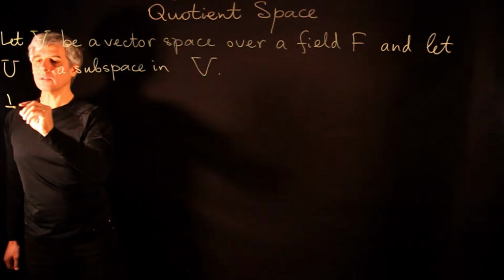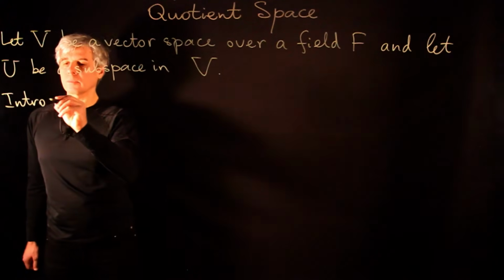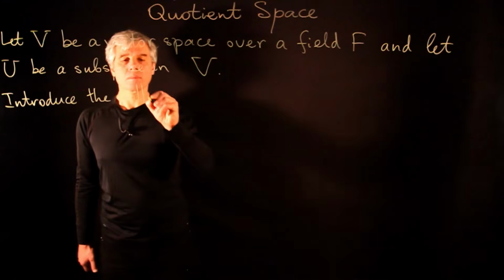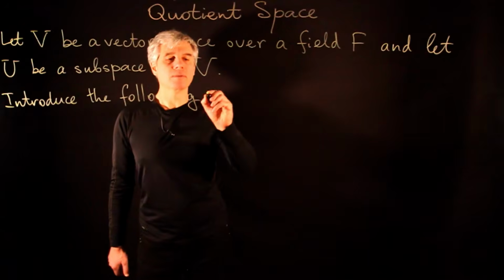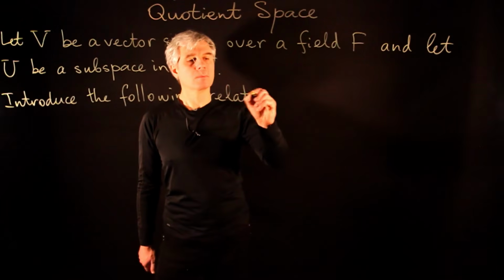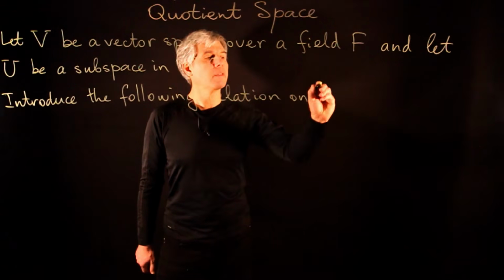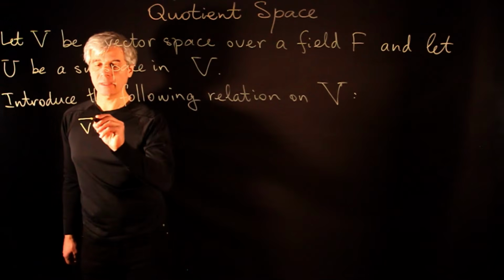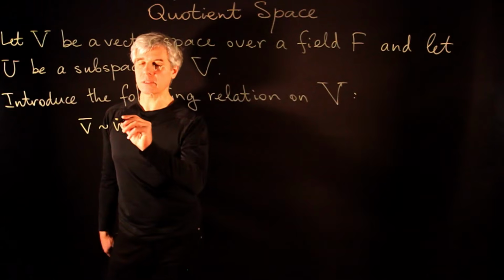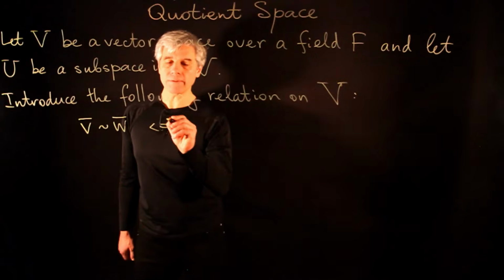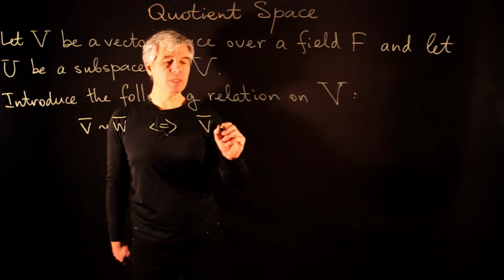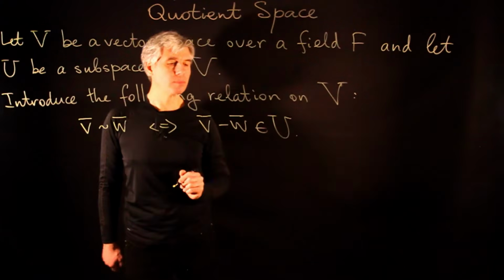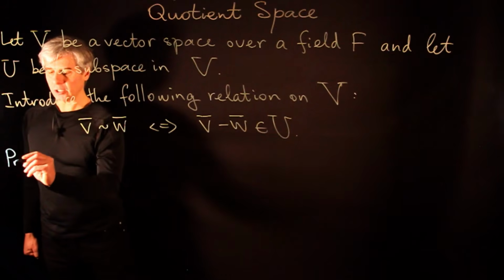So we introduce the following relation on our vector space, where we say that vector v is related to vector w if and only if the difference of v and w belongs to the subspace U. So we have the following proposition.